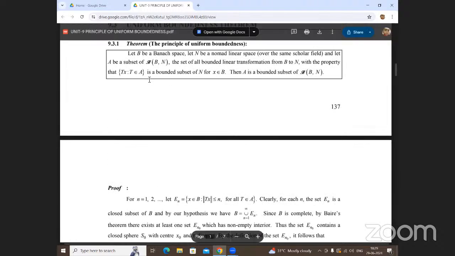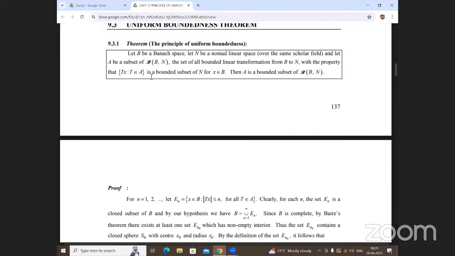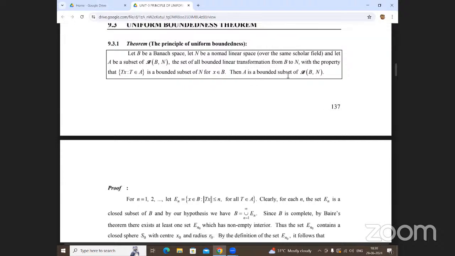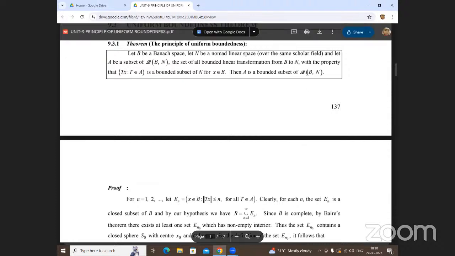It follows simply from the open and closed mapping theorems. According to those theorems, there are a number of bounded linear transformations, and one of the subsets is script B of B and N. That set of transformations is a bounded subset, so automatically capital A is also a bounded subset of script B of B and N.